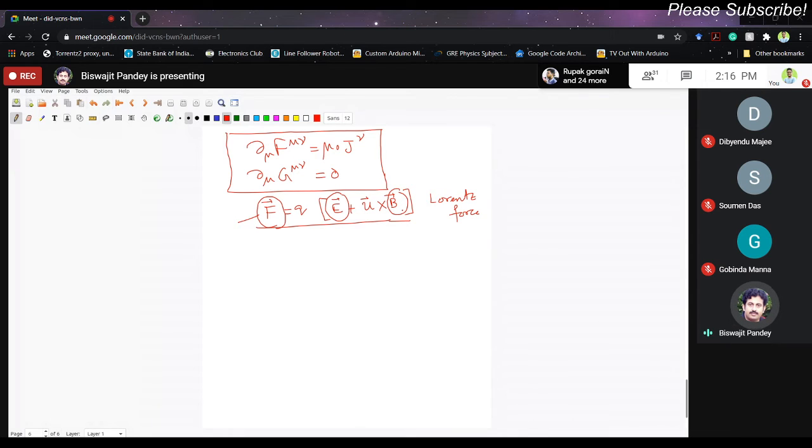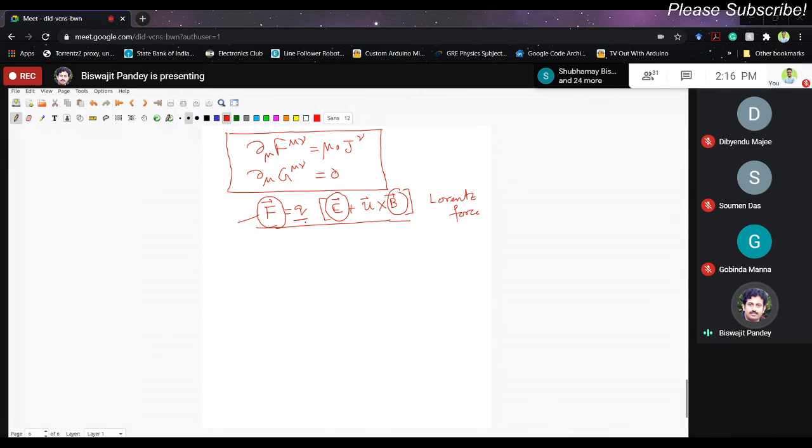In 3 dimensions, when we talk about electric field and magnetic field, we think about their 3 components. Velocity is also a 3-vector. So these are different combinations of 3-vectors giving rise to another 3-vector on the left hand side. And this Q is a scalar quantity, which is Lorentz invariant anyway.